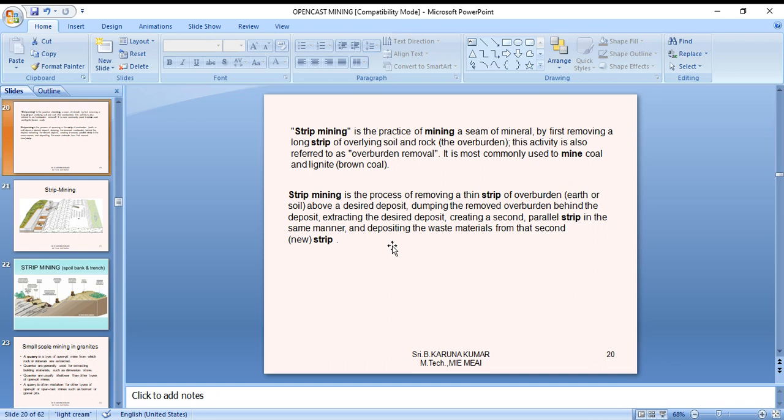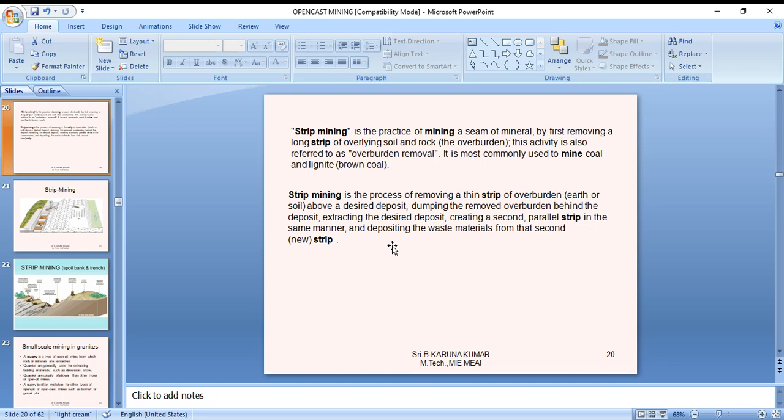Strip mining is a process of removing the thin strip of overburden, earth, soil above a reserve deposit, dumping the removed overburden behind the deposit, extracting the desired deposit, creating a second parallel strip in the same manner and depositing the waste material from the second.